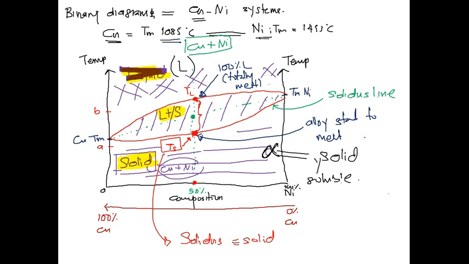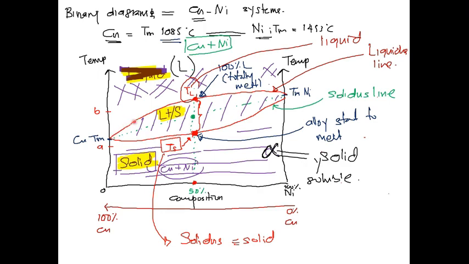TL is liquid, and this line, okay, we term it as liquidus line. Okay, so basically this line is the limit for the alloys to become liquid.